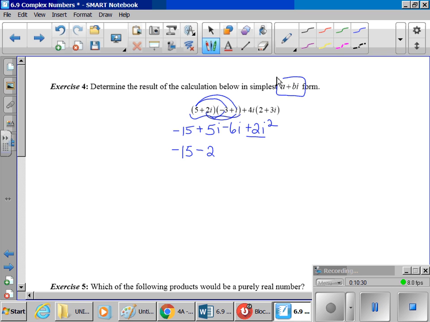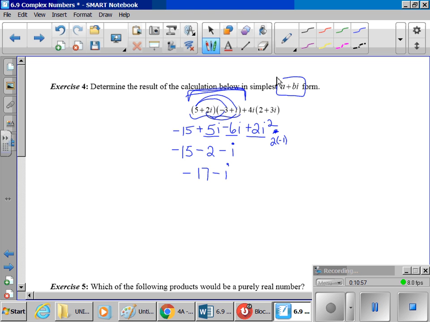Because this is 2 times negative 1. So that's where that negative 2 comes from. And then 5i minus 6i is negative 1i, and I'm just going to write negative i if that's okay. So this becomes negative 17 minus i. Now I've only done this blue part right here.